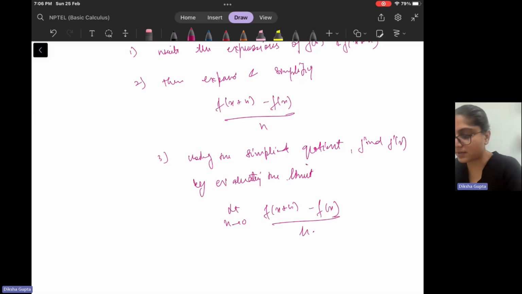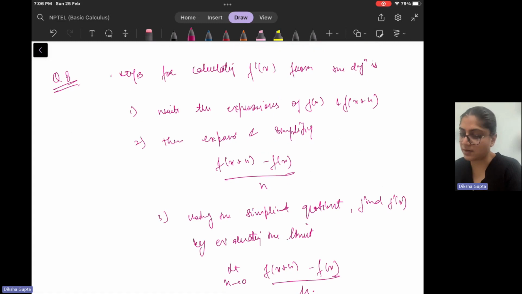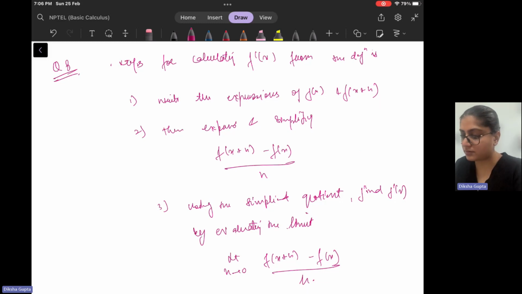So you find f(x) and f of x plus h, then you find the ratio f of x plus h minus f of x upon h, and then you find the limit h tending to 0 to find f dash x. Basically, you are finding how the value of f is changing when you change x a little bit. Okay, this is what basically the derivative is.